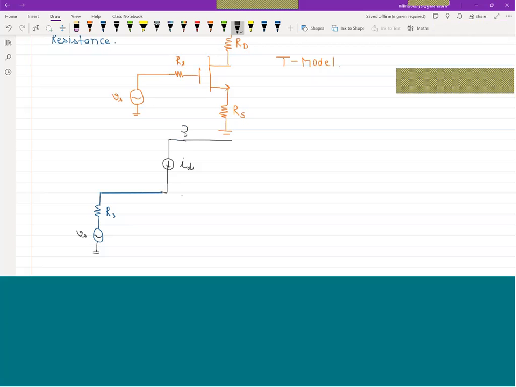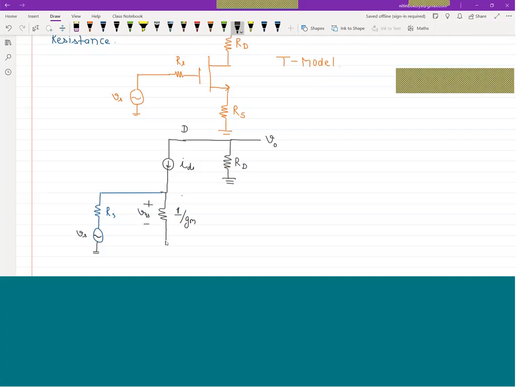Then this is our drain terminal. Between drain and ground there is one resistance, which is RD. This is Vout, and this is 1 by gm. This potential is VGS, and this is your source terminal.